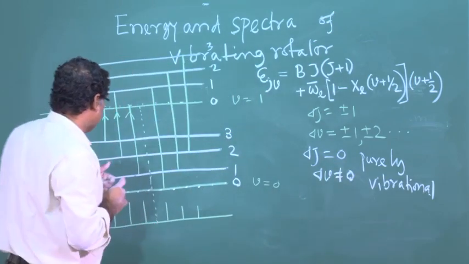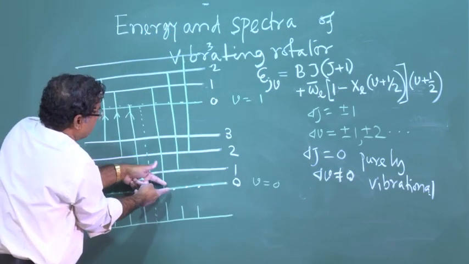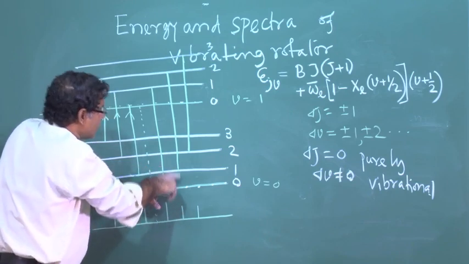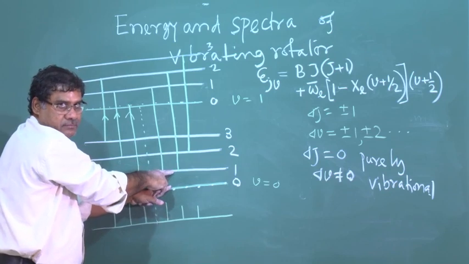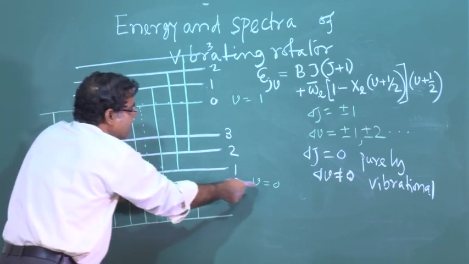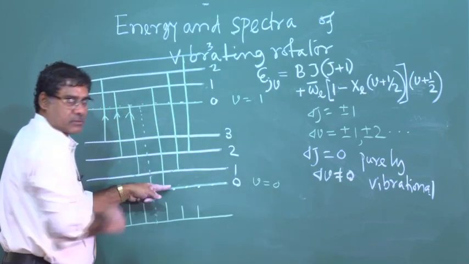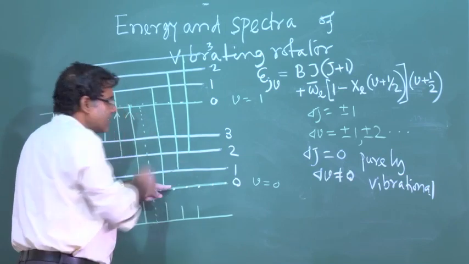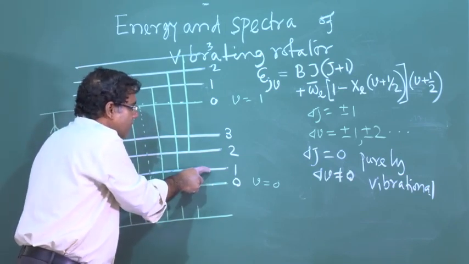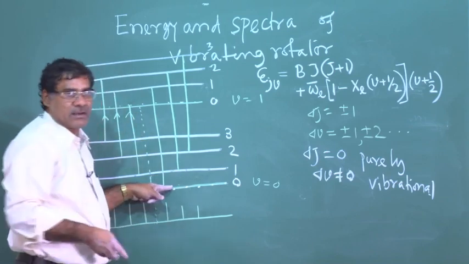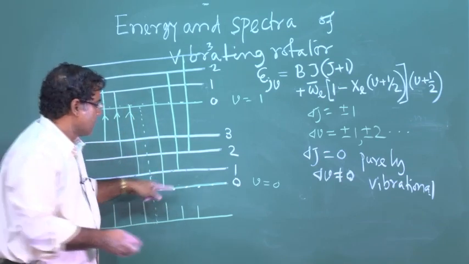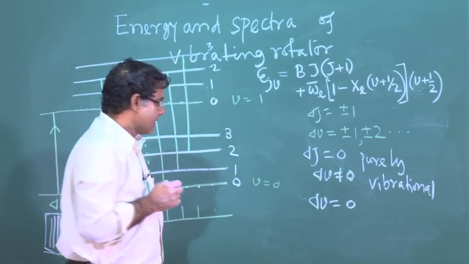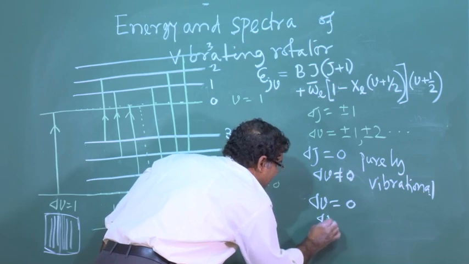Okay. Similarly, as I told, j equal to 0 to j equal to 1 is allowed, but del V equal to 0 is not allowed. So, when we see this kind of transition, del V equal to 0 is allowed, but del J is not equal to 0.